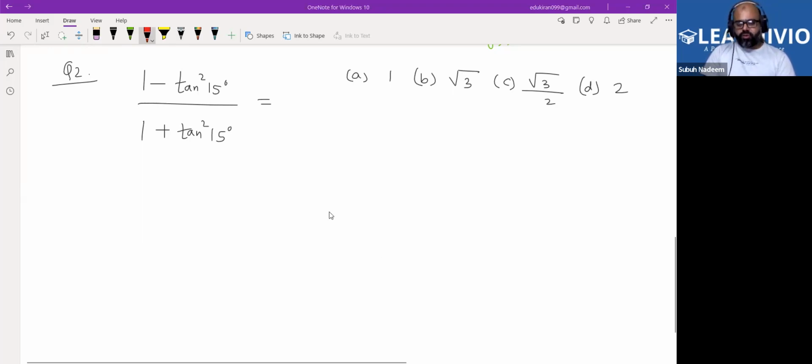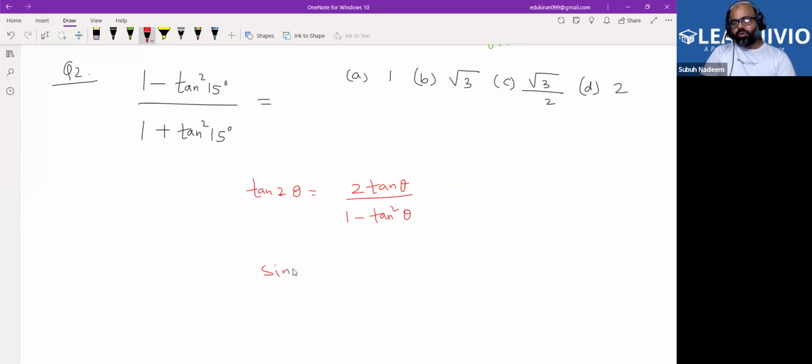Okay, let me ask you a few formulas. What is tan 2 theta? Can you tell me? You have to remember all these formulas because they will be used not only in trigonometry, but in many other chapters. 2 tan theta by 1 minus tan square theta.